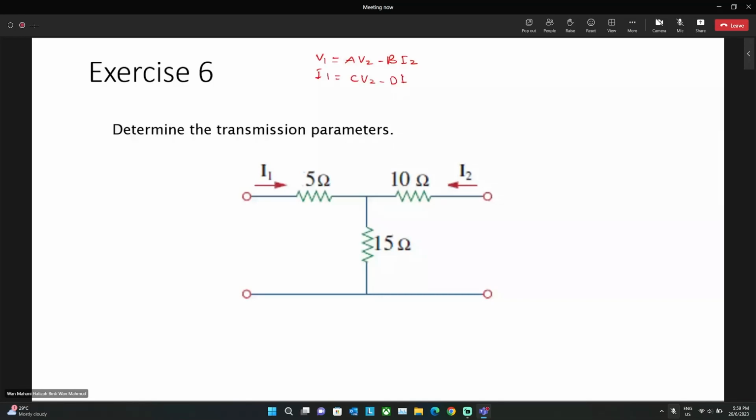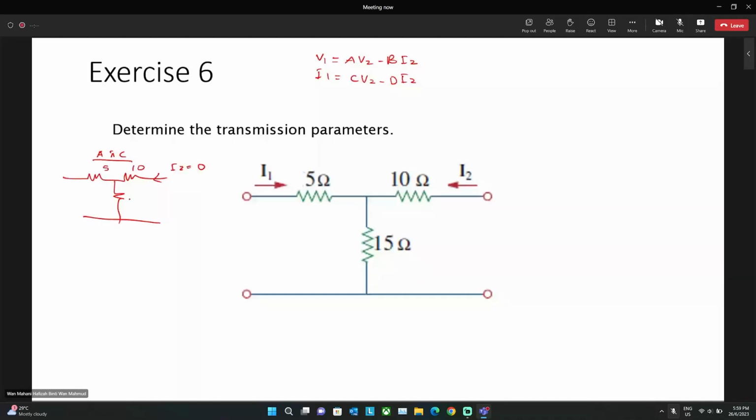These are the original equations. So what can I do to calculate A and C? We need to remove the back part, so we open circuit because we want to remove I2. So I2 equals 0.